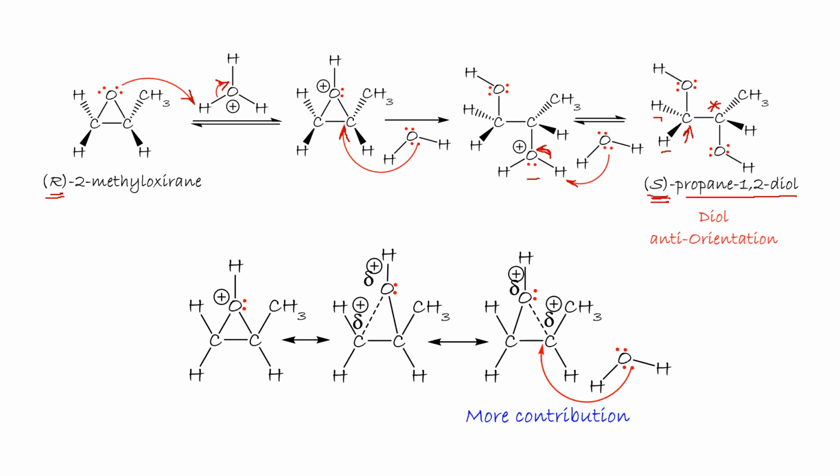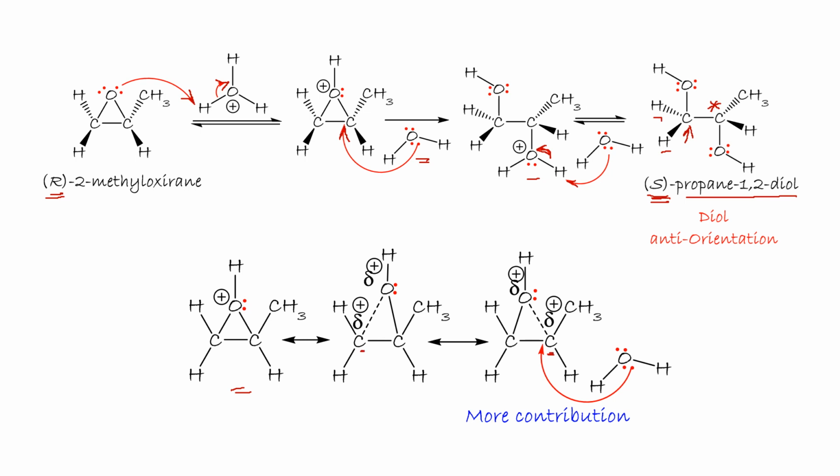Just to clarify the point here, why does the oxygen of water attack the more substituted carbon? If we look at the intermediate protonated oxirane, we will find that this is in resonance with either the partially positive charge on that carbon or on that carbon.